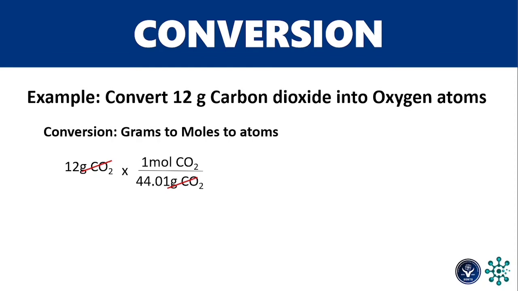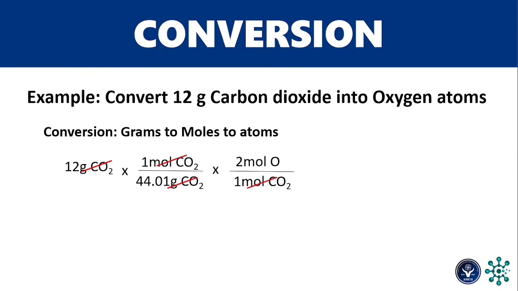We need to convert first the moles of carbon dioxide to moles of oxygen. In a mole of CO2, there are 2 moles of oxygen. Basically, just look at the subscript. In a mole of carbon dioxide, there is 1 mole of carbon and there are 2 moles of oxygen. So here we will be able to cancel the moles of CO2.